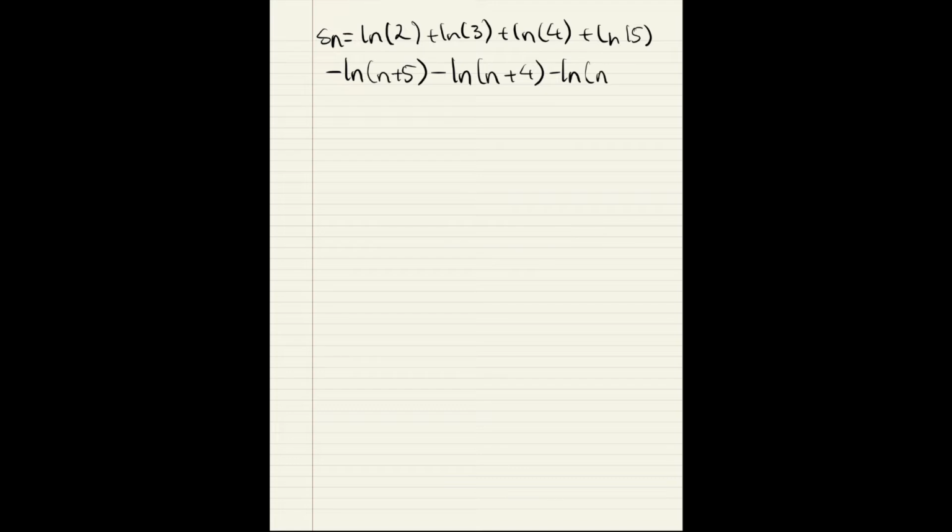So S of n equals ln of 2 plus ln of 3 plus ln of 4 plus ln of 5 minus ln of n plus 5 minus ln of n plus 4 minus ln of n plus 3 minus ln of n plus 2.